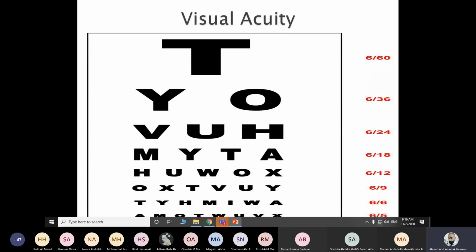Or can you tell me how many fingers you can see? If the patient again couldn't see it, then we will wave our hands in front of the patient. Then if the patient couldn't even appreciate the hand movement, we will shine a light at the patient's eye. And this is our last resort. If the patient couldn't appreciate just the light shining, then this patient is blind.